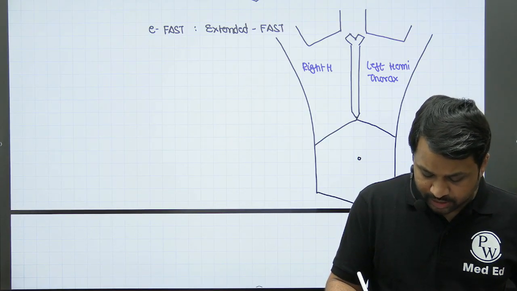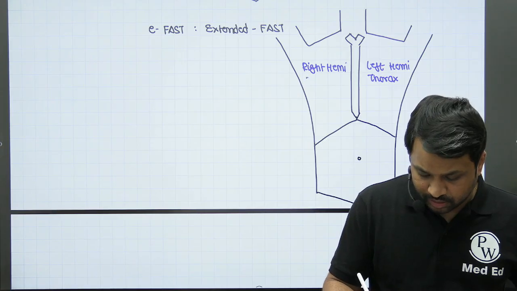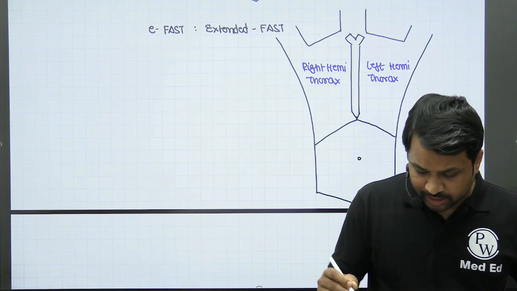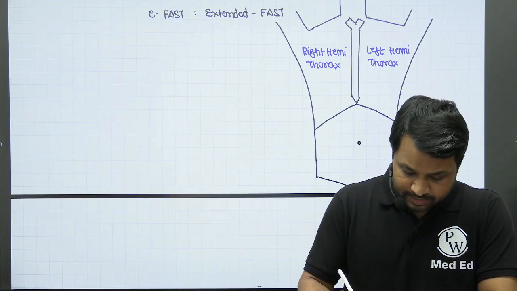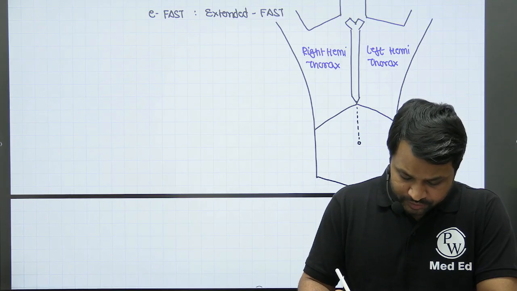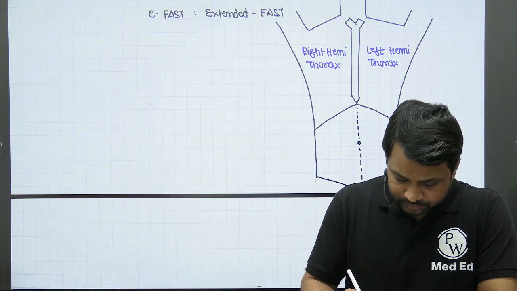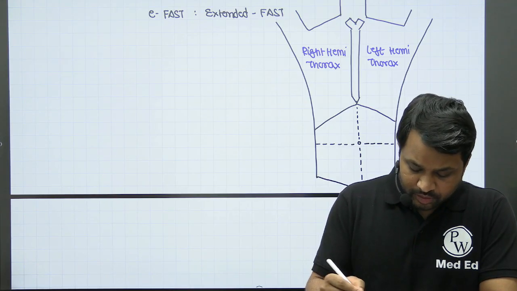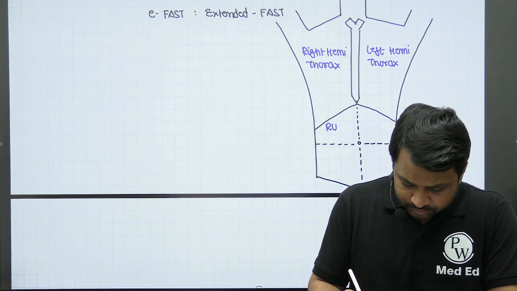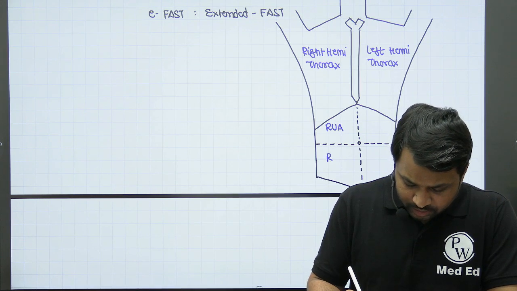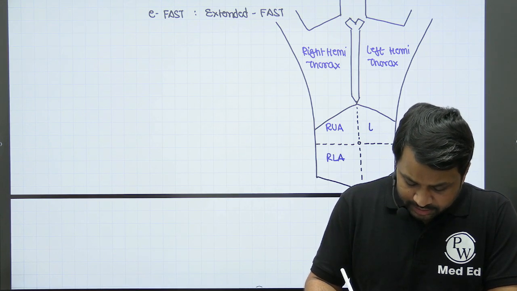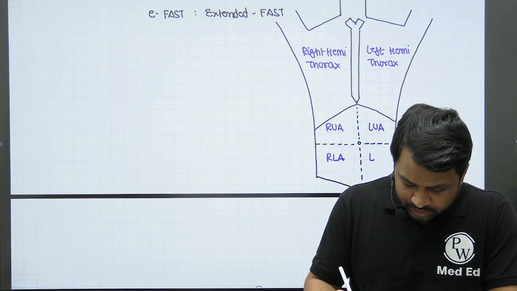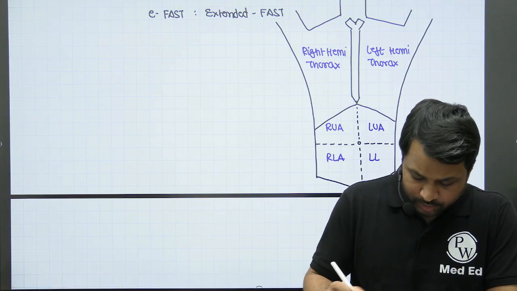The abdomen we will categorize into four different regions: the right upper abdomen, the right lower abdomen, the left upper abdomen, and the left lower abdomen.